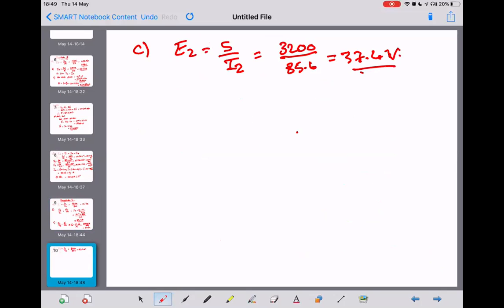Yeah. What you can remember is that the S is consistent to both windings, the primary and the secondary. That's why you get this.